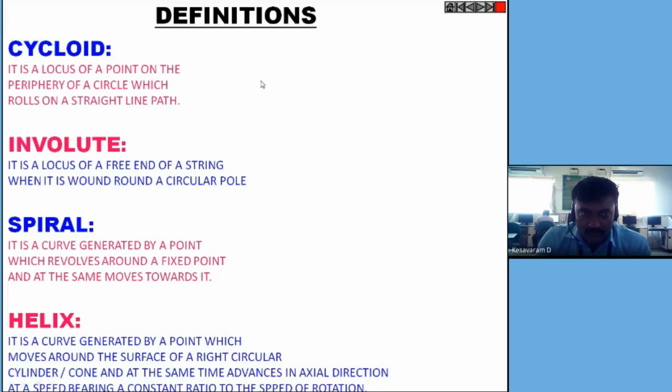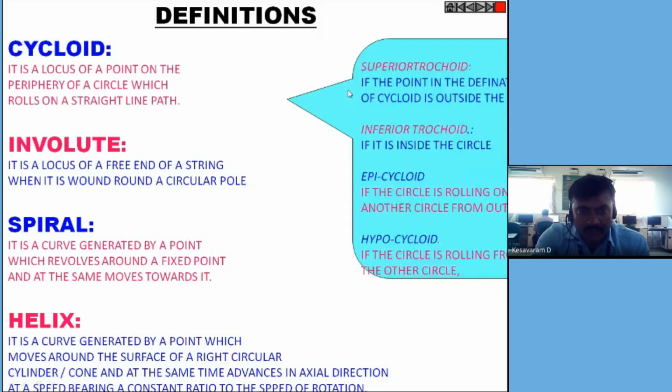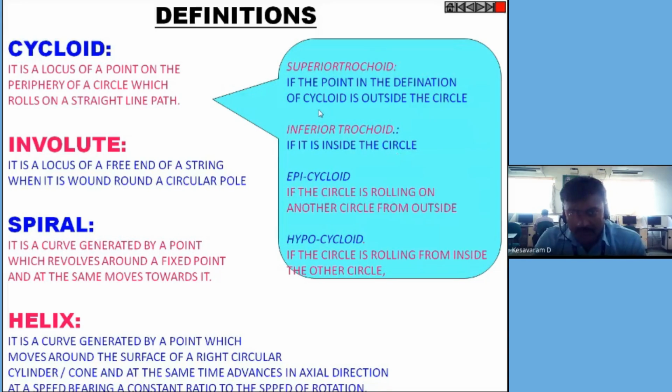In cycloid we have two more classifications: epicycloid and hypocycloid. So what is epicycloid?